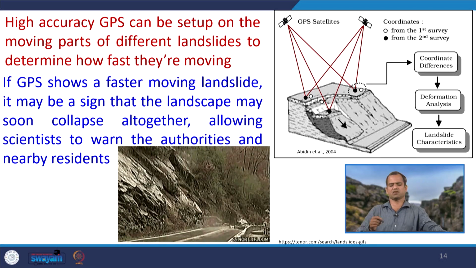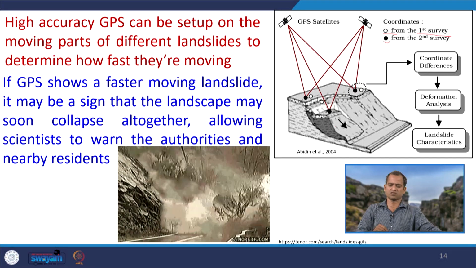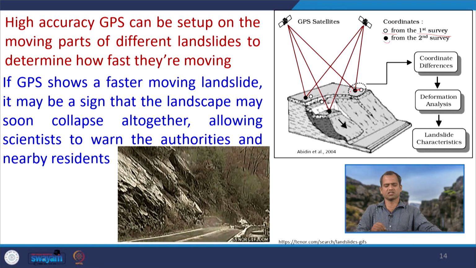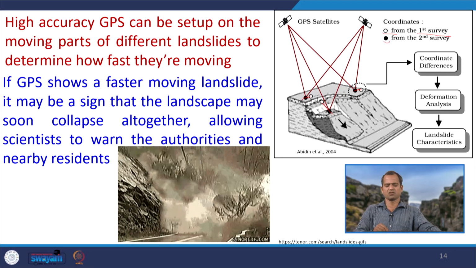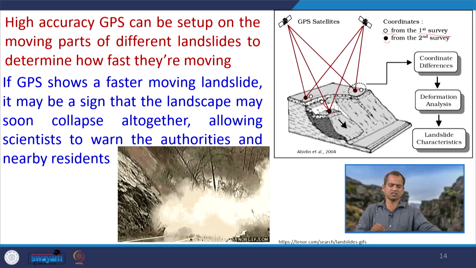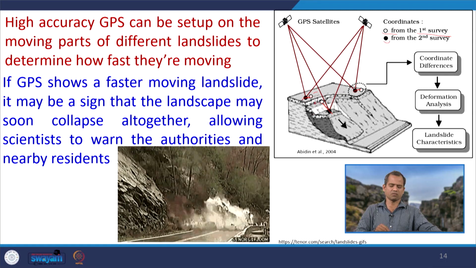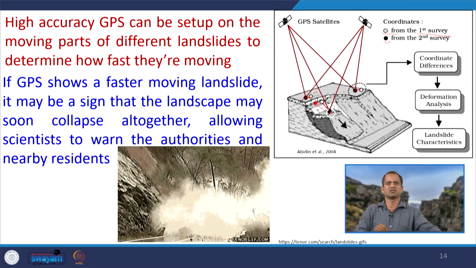So, if you see here, this symbol is the first survey, and the black dots are for the second survey. Now, what you see is that from first to second there is a shift, similarly from first to second there is a shift, and here from first to second there is a shift. So, as it is shifting towards the west, for example, in this particular figure, it should have acted like this. So, a black dot should have been here, but now the black dot is here.